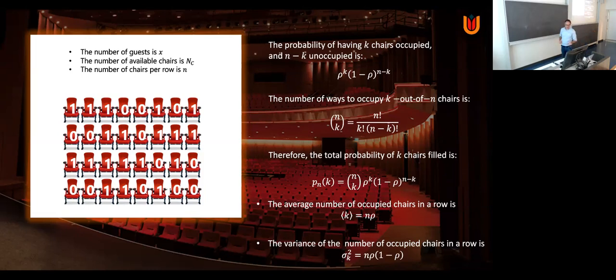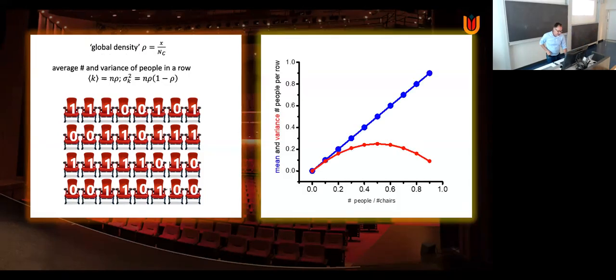We can make a plot of that as well, shown here. Again, on the horizontal axis is the number of people divided by the number of available chairs, so along the horizontal axis more and more people get into the room. As we can see, the mean number of people per row simply increases when more people get in. But the variance, the variation of the number of people per row, at first, if there is only a small amount of people, simply grows.